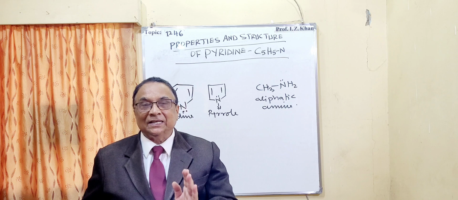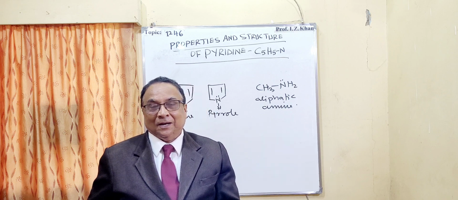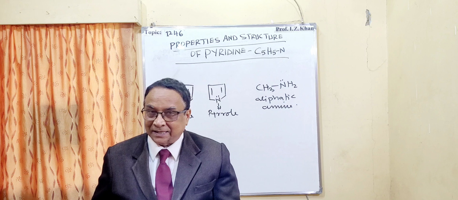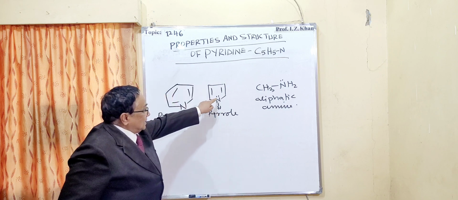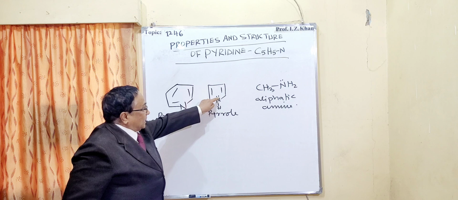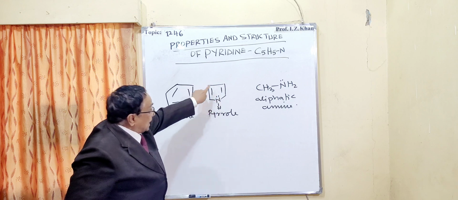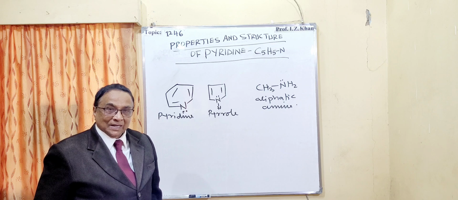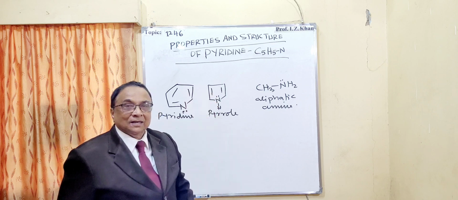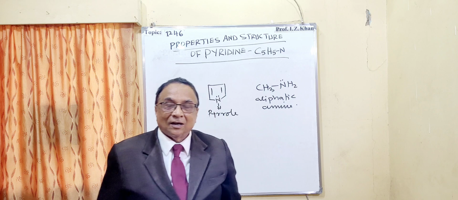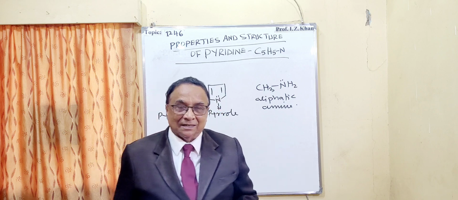The reason is that the pair of electrons is not part of the delocalization. It is very easily available to share, and once it is easily available, its basic character will be more. In the case of pyrrole, the pair of electrons sitting over nitrogen becomes part of the delocalization. So that's why this electron is not very easily available to share, to go on to form a reaction.